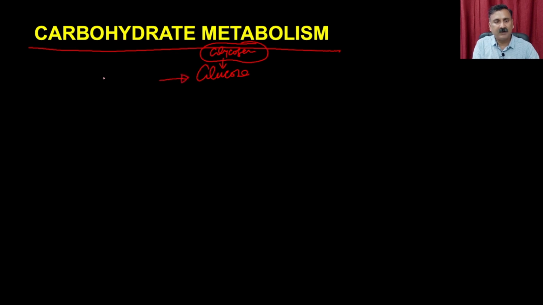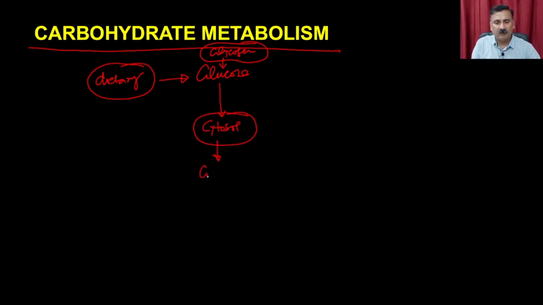Otherwise, you can also get the glucose from dietary supplements, or from the diets, right? Irrespective of the source, the glucose is going to enter into the cytosol of a particular cell, and as soon as it enters into the cytosol, the glucose is converted into the molecule which is called glucose 6 phosphate.